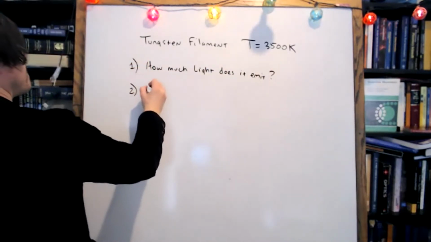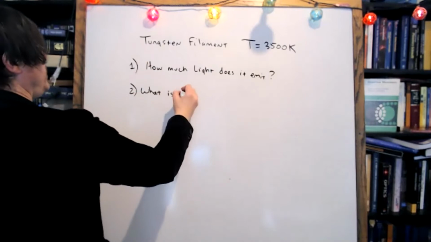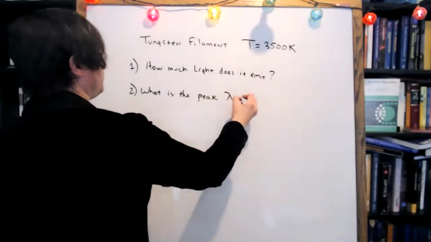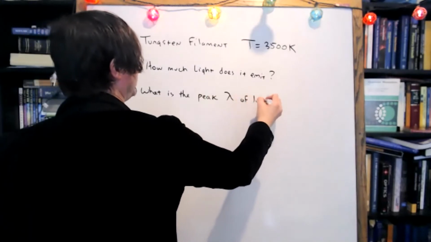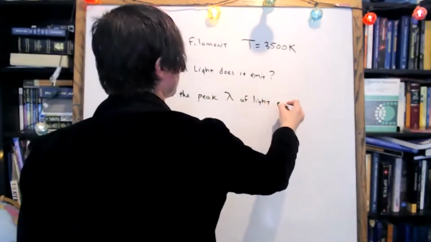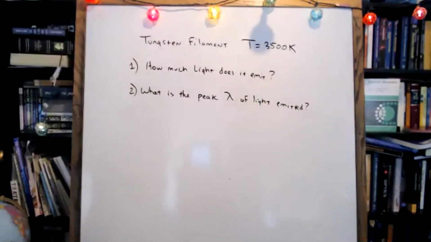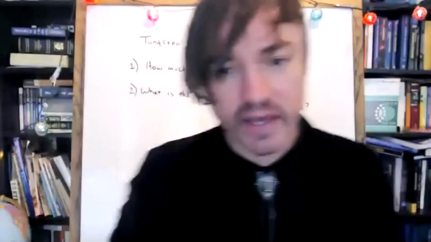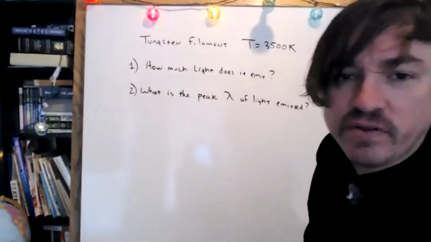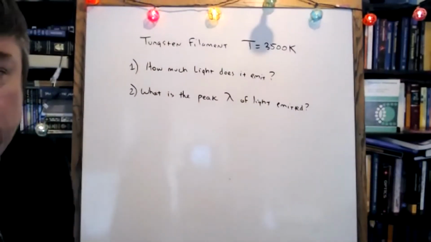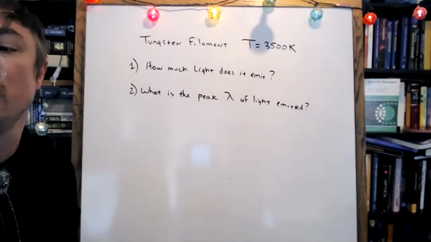And two, what is the peak wavelength of light emitted? These are also questions I will be asking you on the test next week. These are questions you have to know the answer to be able to understand astronomy. Do you guys know how to solve these questions? What would you do?